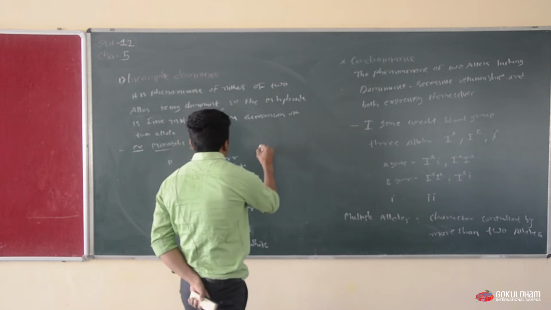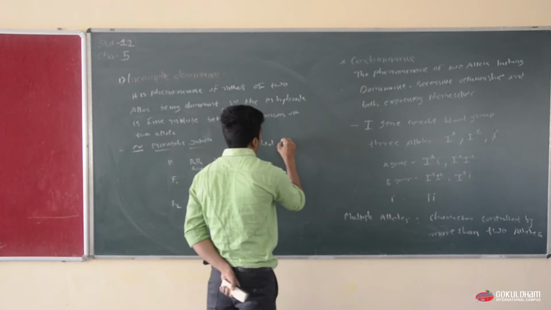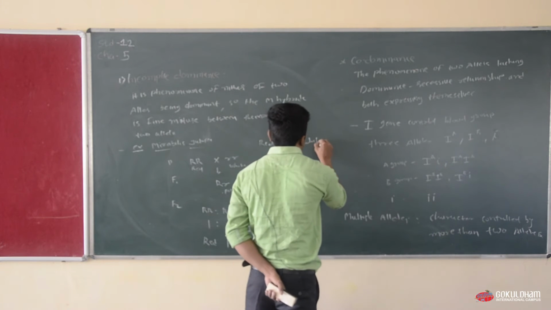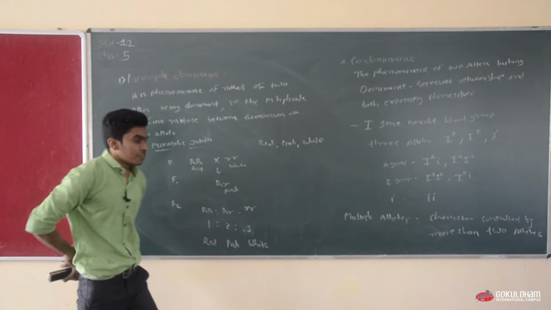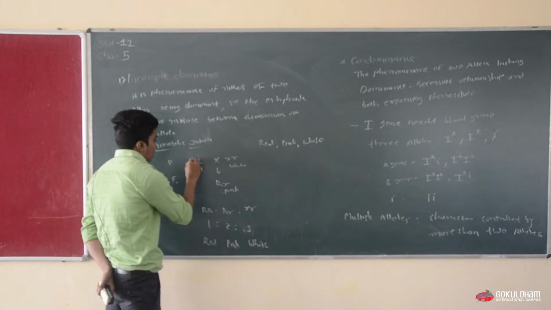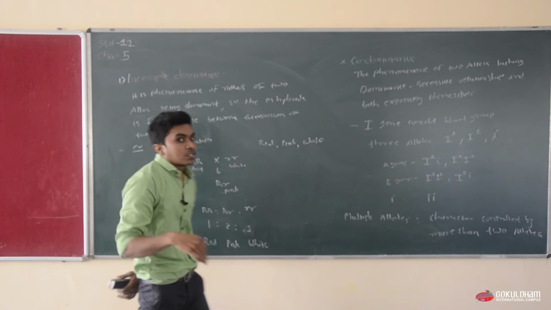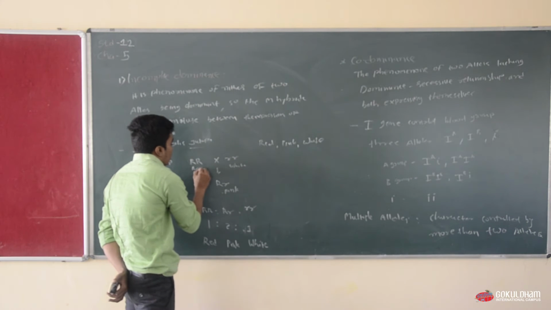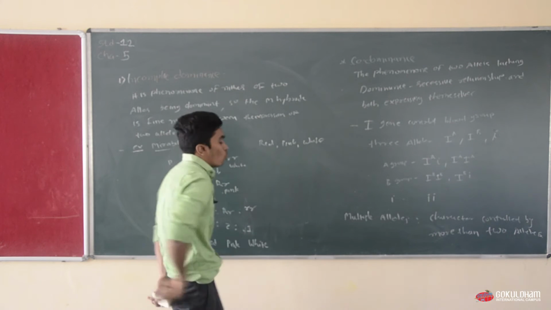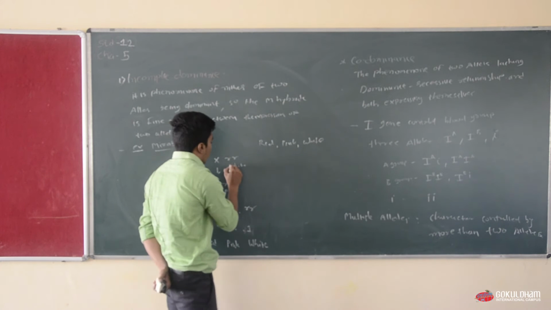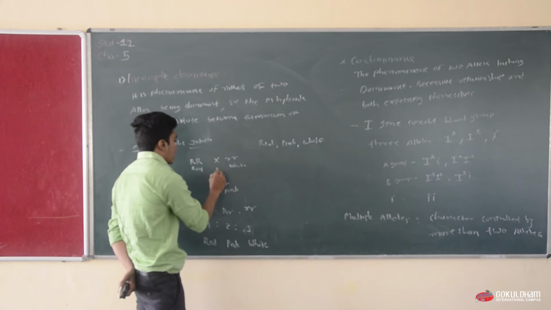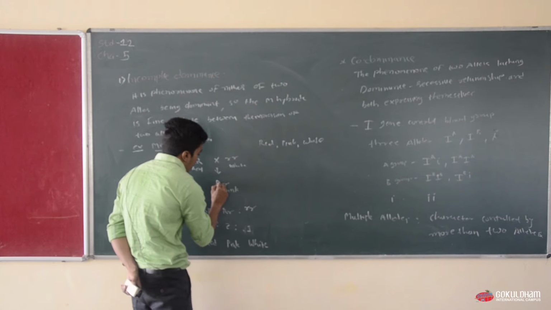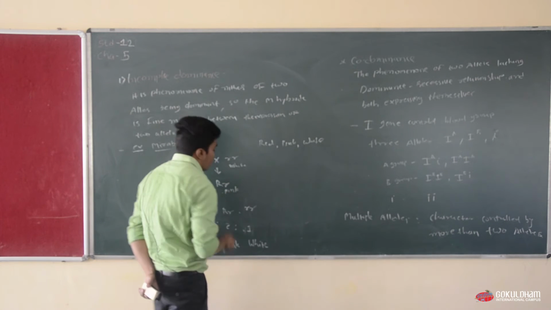First one is a red flower, pink flower, and white flower, in which here RR is for red flower and small rr is for white flower. When crossed between them, the hybrid form is a pink flower.